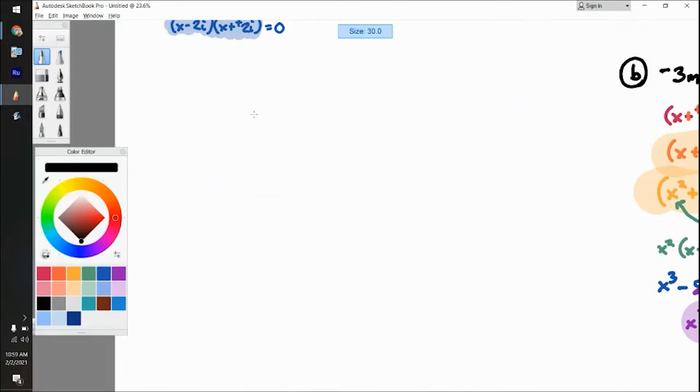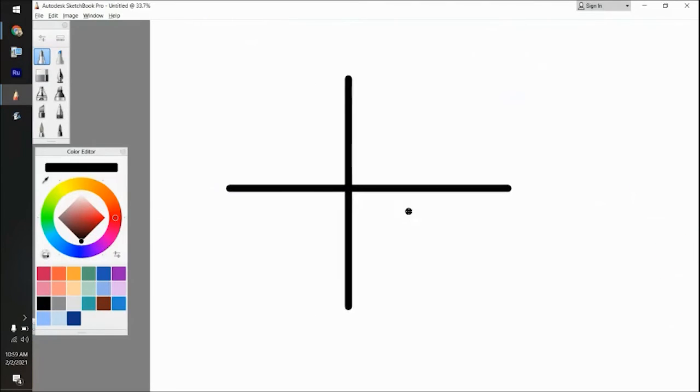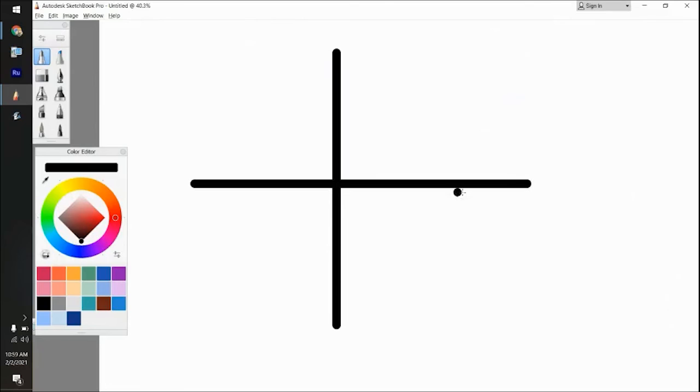First thing, there's going to be a graph that's drawn. Hopefully it's not hand drawn like this one, but that's okay. So we have 1, 2, 3. So 1 here, 1, 2, 3, 4. Okay.